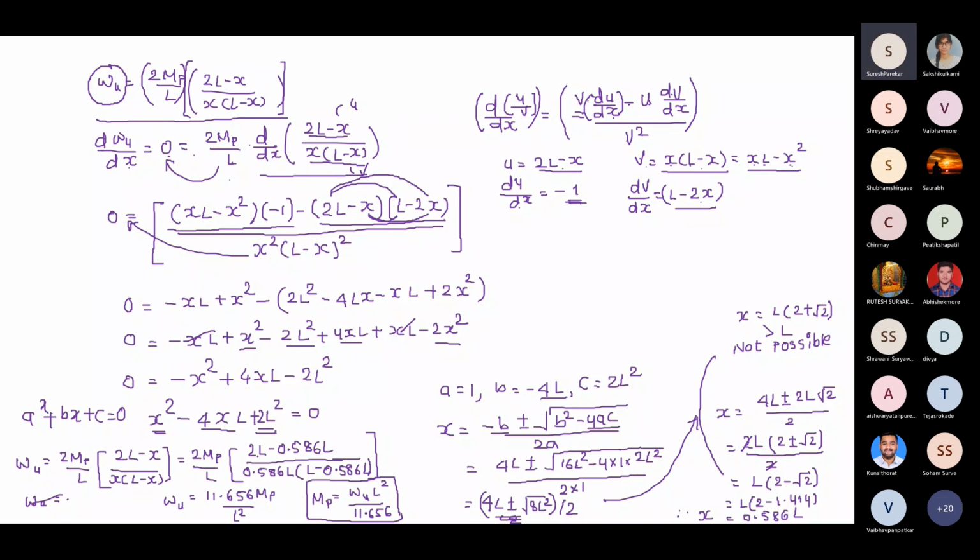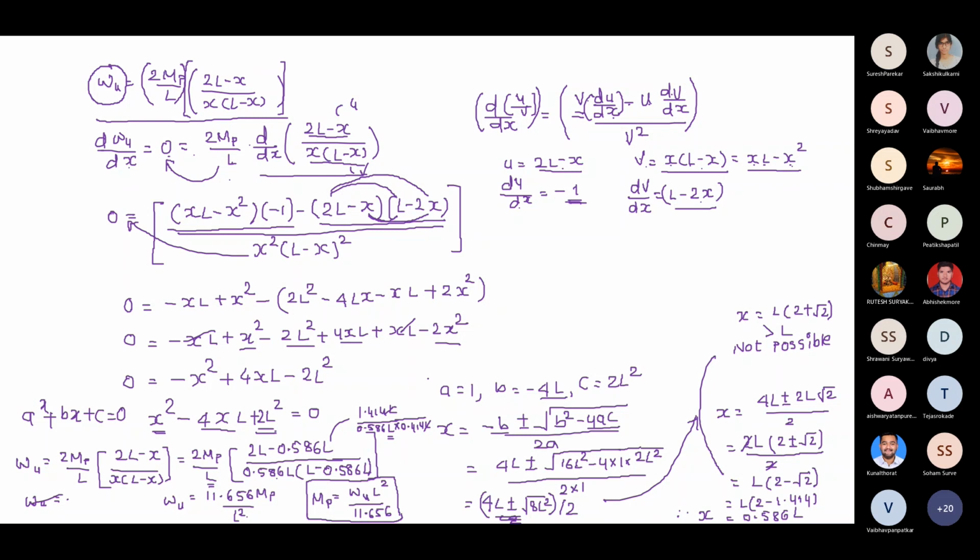Look above, above. Yes sir. Because above, 2L minus 0.586L will come as 1.414L. So this value is 1.414L divided by 0.586 as it is, and L minus 0.586L, so it comes 0.414L. One L will cancel, but this is L and here is one L, so these two give L square.